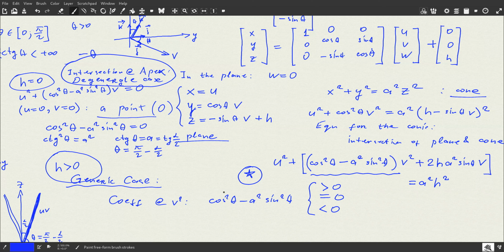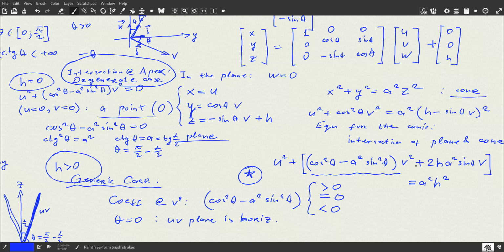Initially, in the simplest case, theta equals 0, so our UV plane is horizontal. Then you already understand what it means, actually.